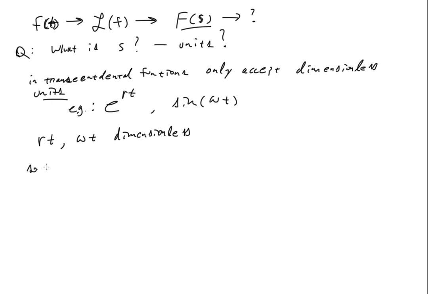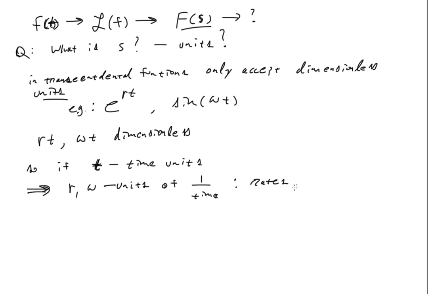And so if t is in units of time, that would imply that r and omega have to have units of 1 over time. Units of 1 over time are often called rates or frequency.